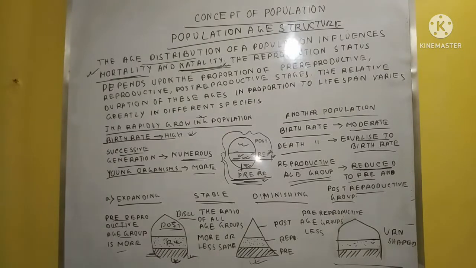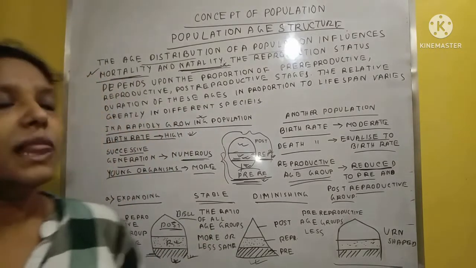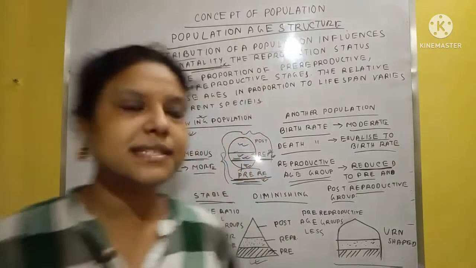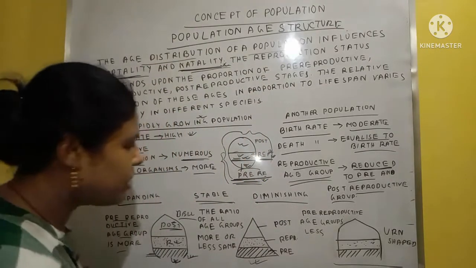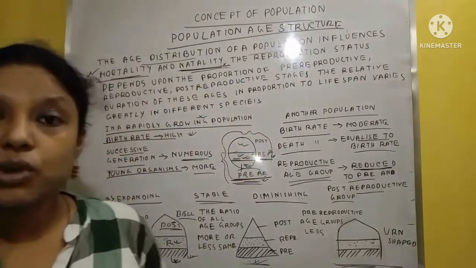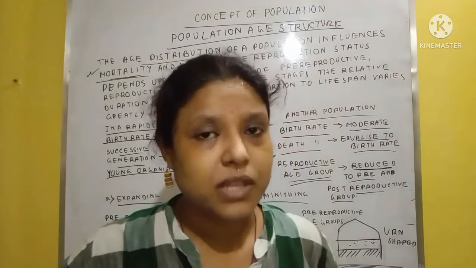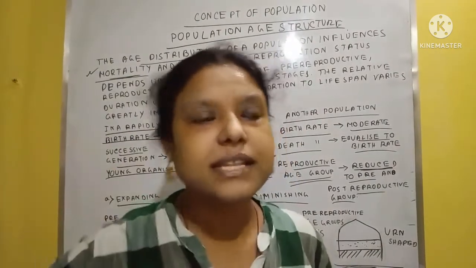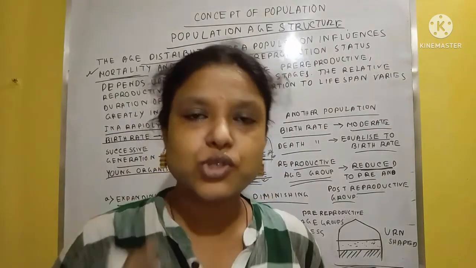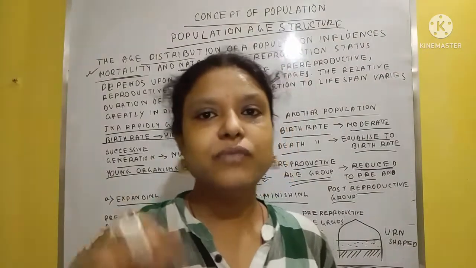Sometimes when the birth rate and the death rate equalize each other, the number of young ones is not high. The reproductive group is less, not more, so the production of young ones is not more. So in that case the number of individuals will decrease.